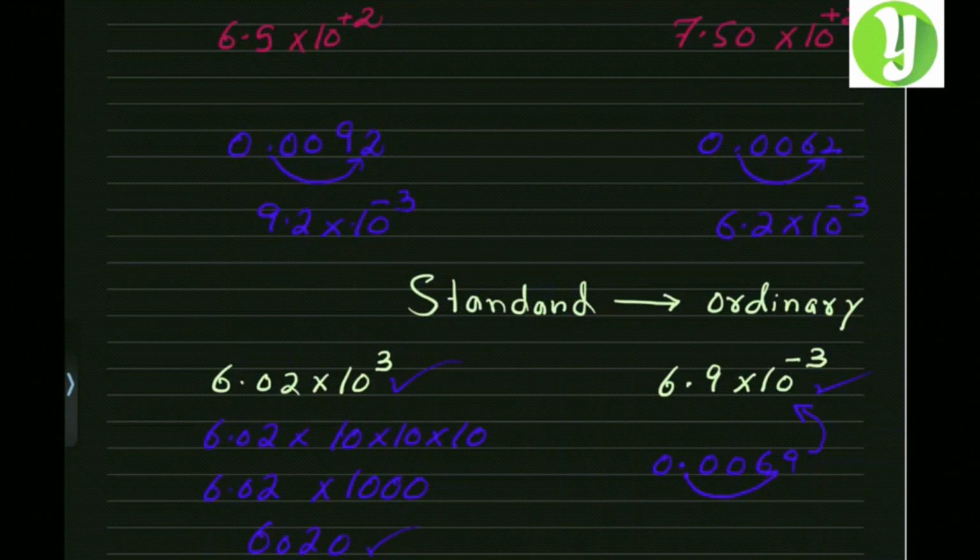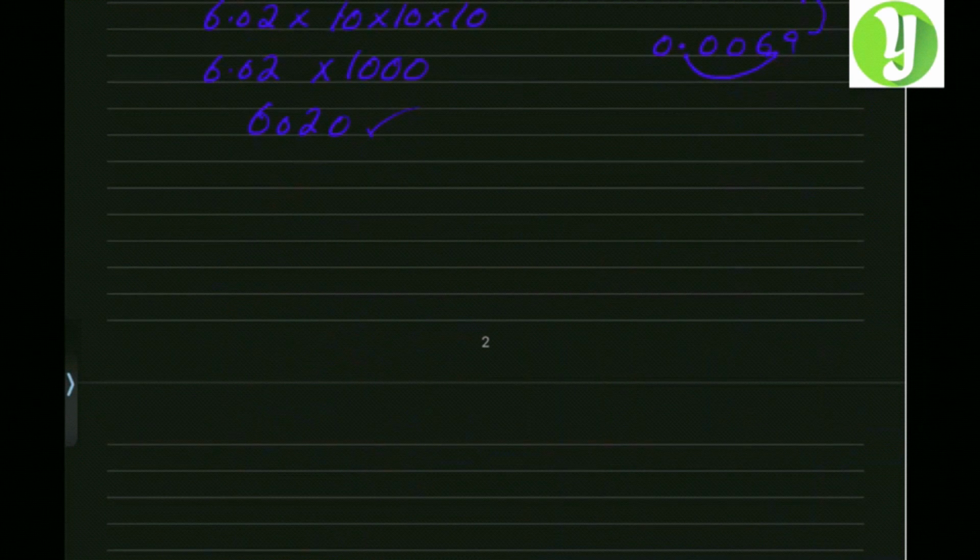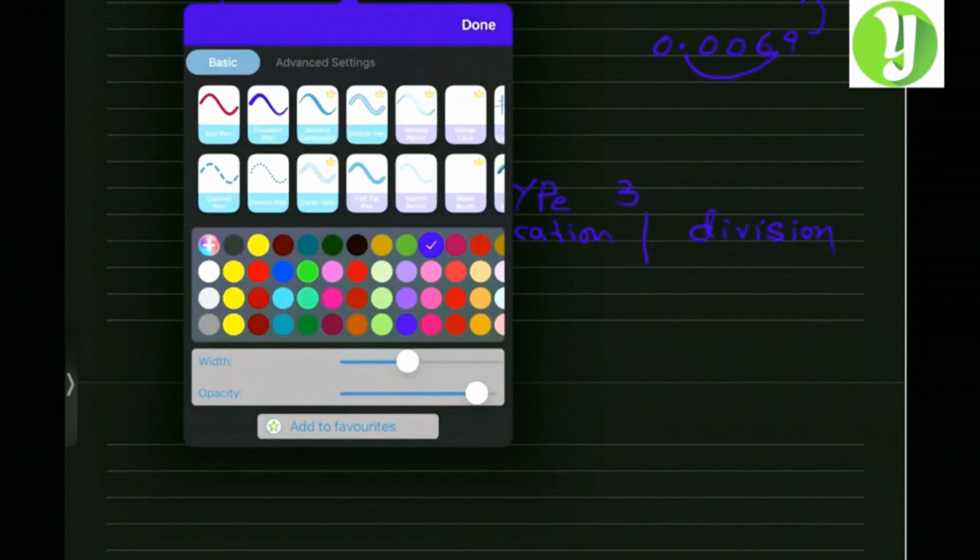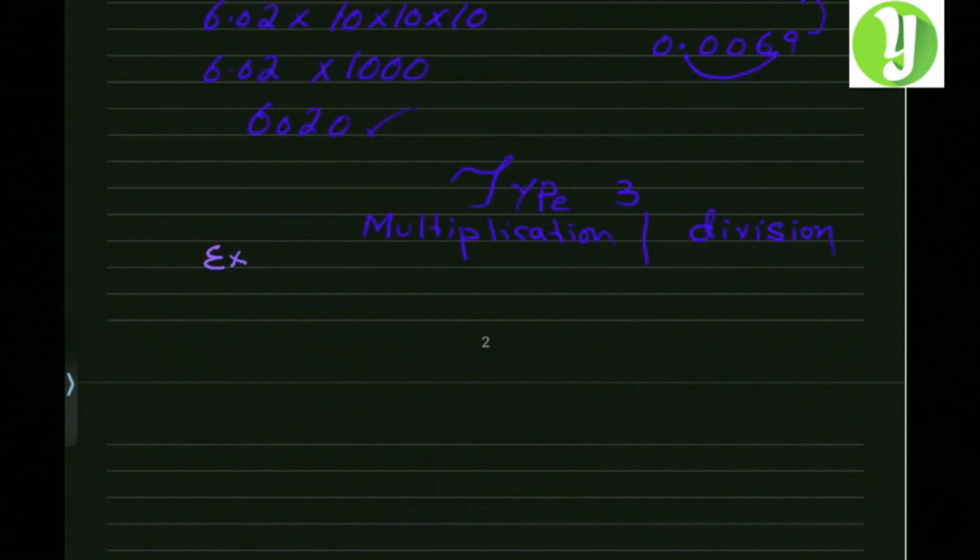So now the next one, the third topic, is how we can perform multiplication and division. Okay, so in that case, for example, if I assume two standard form numbers, p is equal to 3 times 10 to the power of 3, and q is a number which contains 2 times 10 to the power of 2.